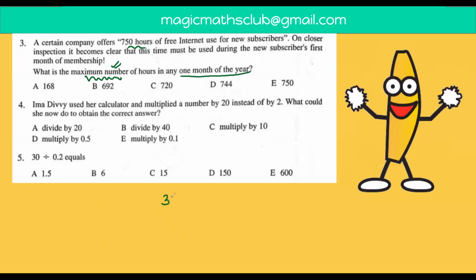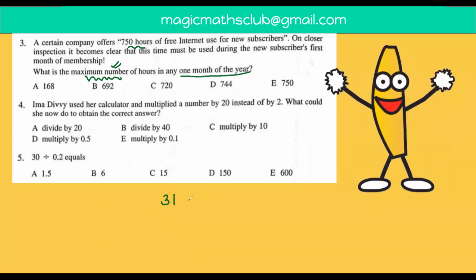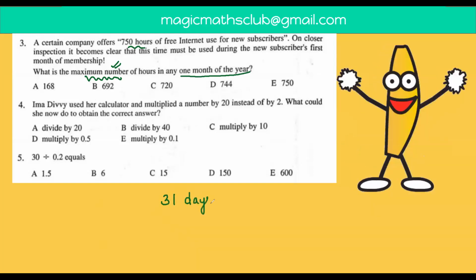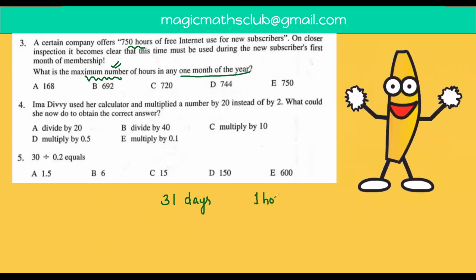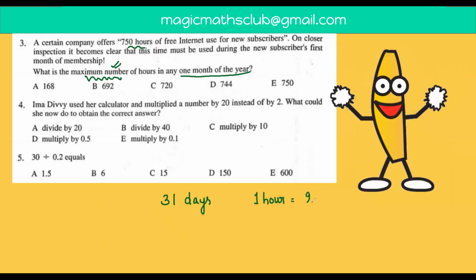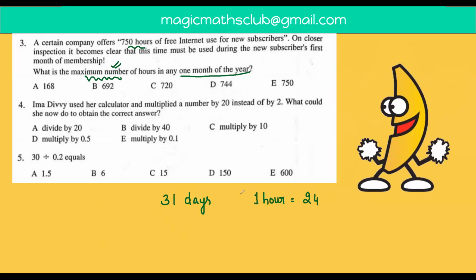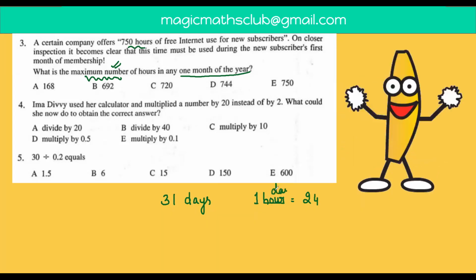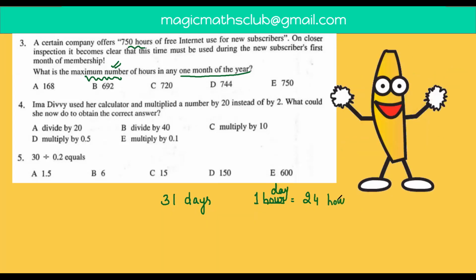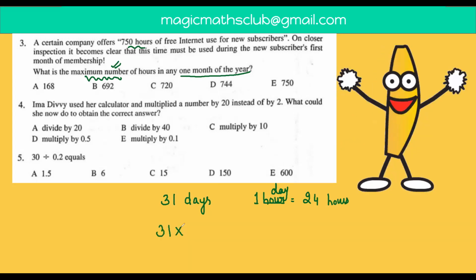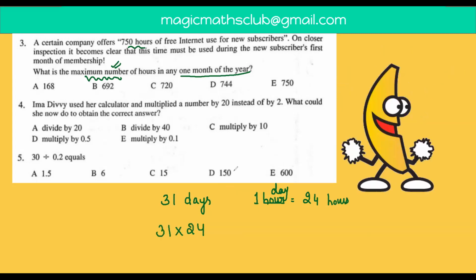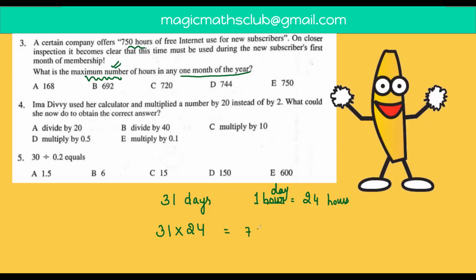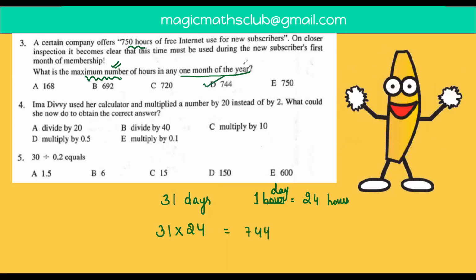So the maximum number of days in any month is how much? 31 days. And you cannot increase the number of hours, 1 day is only having 24 hours. So maximum usage will be 31 times 24 in a month. That gives you 744, and that gives our answer.